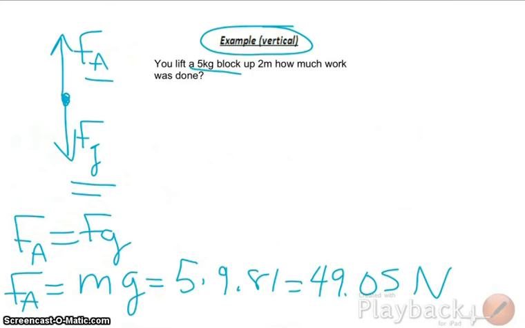Now sometimes they're nice and they tell you the weight of the box. They say it's 5 newtons. If they give you the newtons, woot woot, you don't even have to solve for it. They give it to you. But if they give you the mass, then you have to solve for the force.